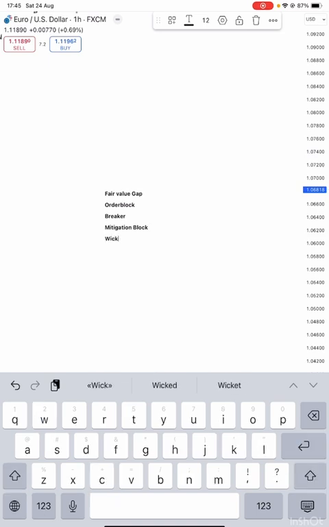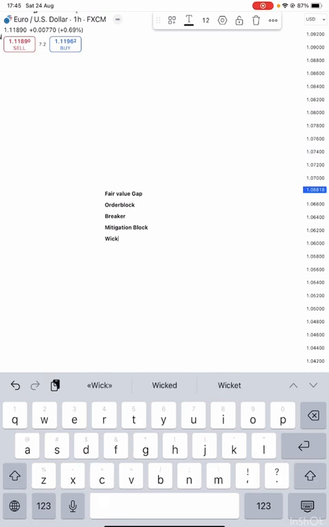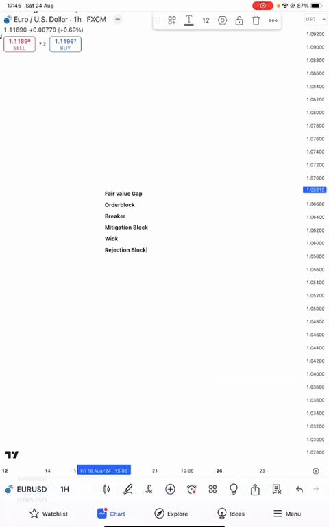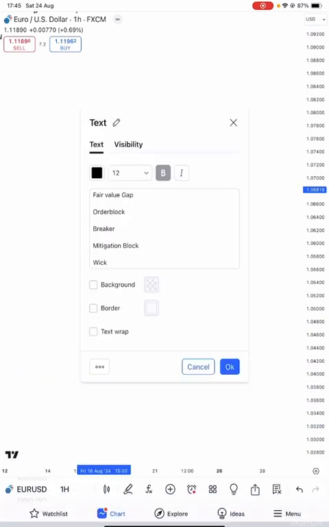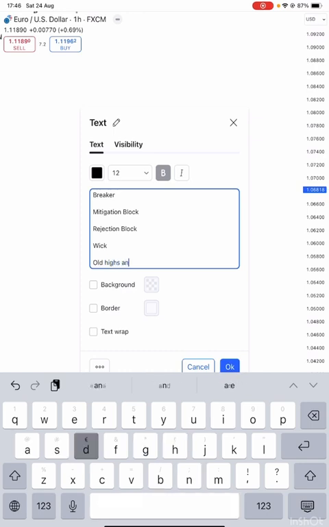I mainly, the most powerful PDRAs are breaker, order block, fair value gap, wicks, because wicks, long wicks are gaps, and so the consequent encroachment is a sensitive point. Then rejection block, and wick is after, obviously, rejection block.